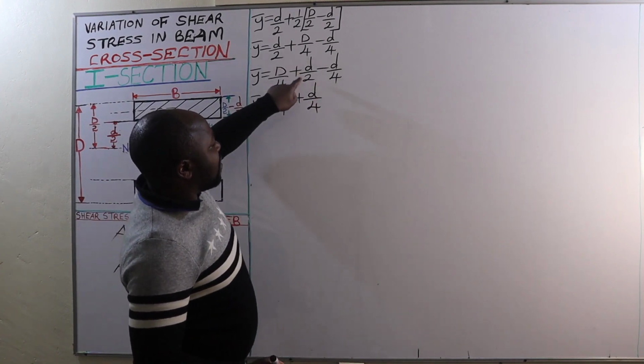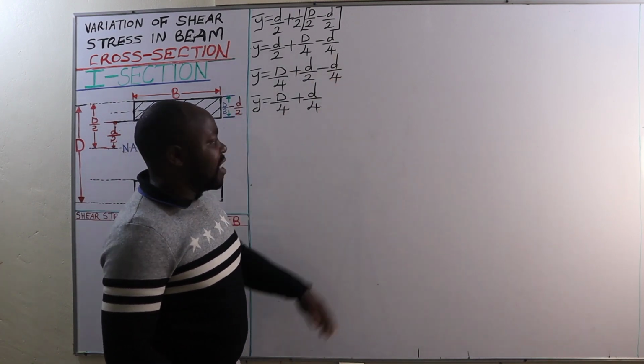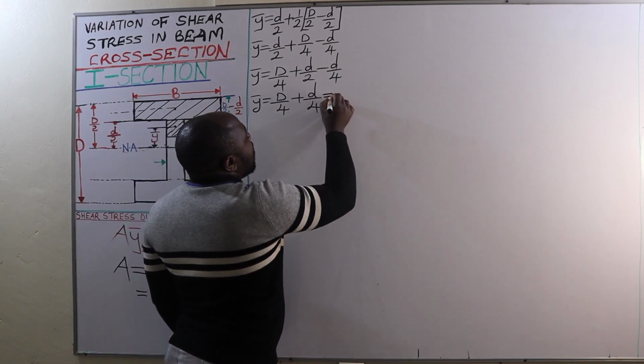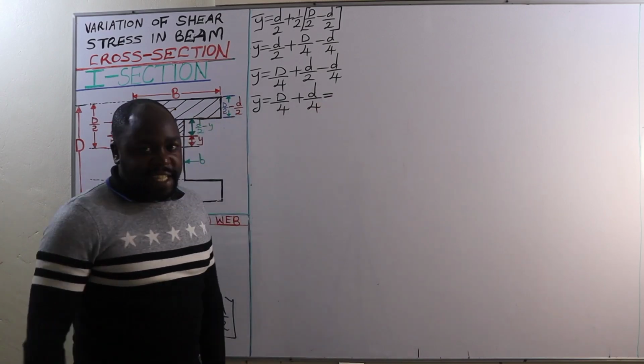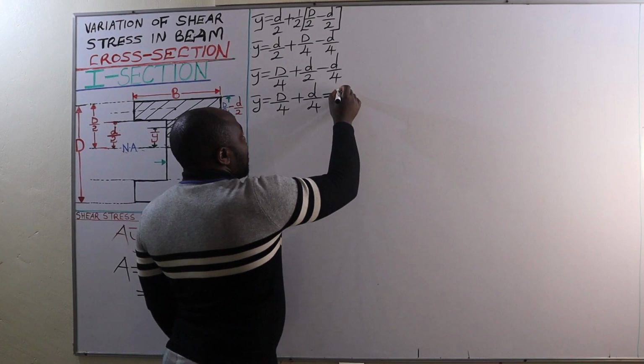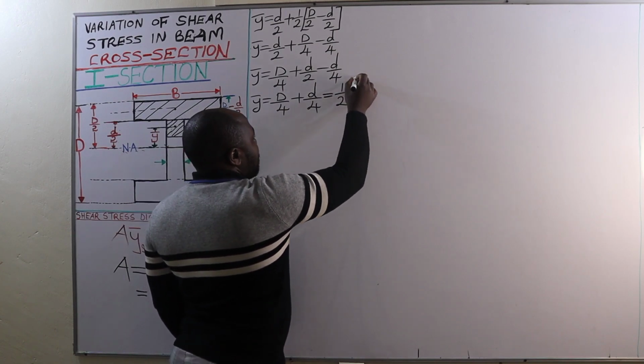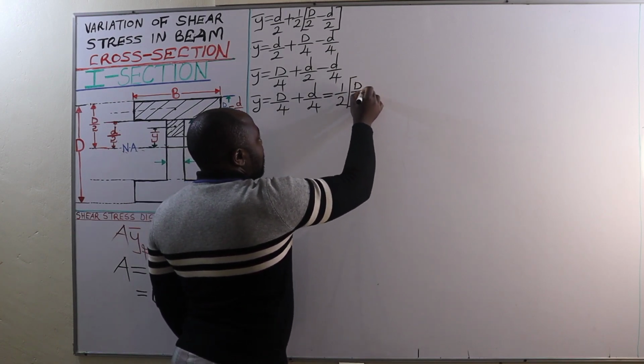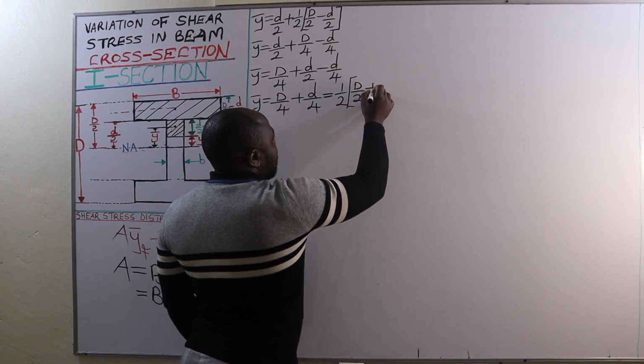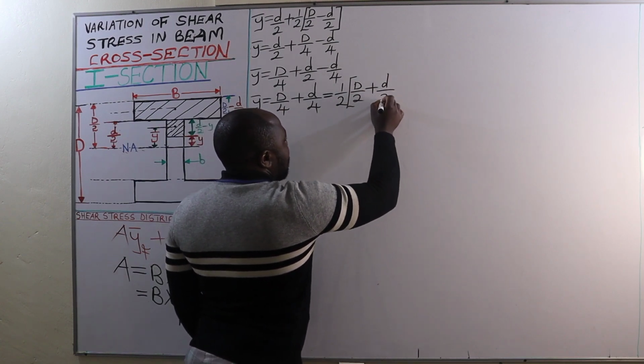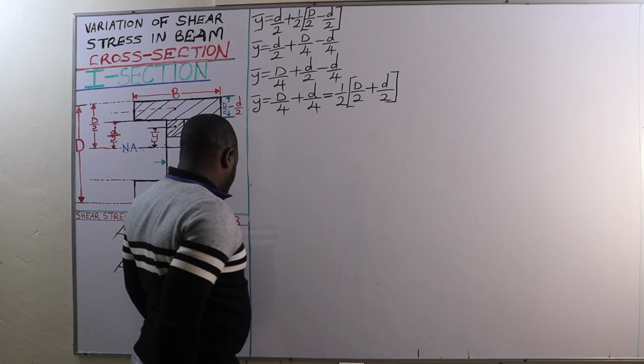That is, d over 2 minus d over 4 is d over 2, d over 4. Factorizing, we are going to have a half into d over 2 plus d over 2.